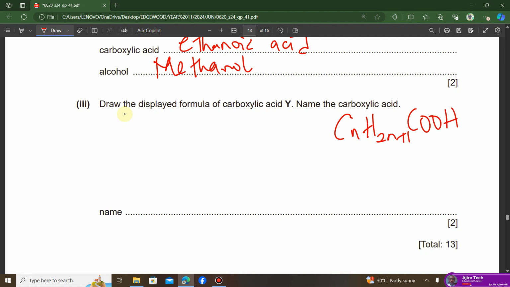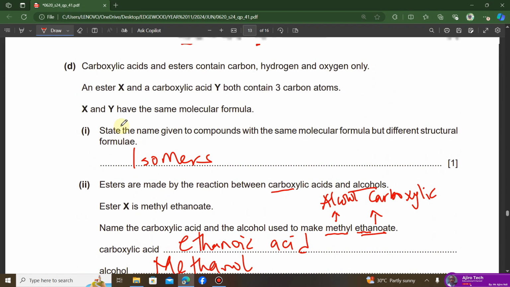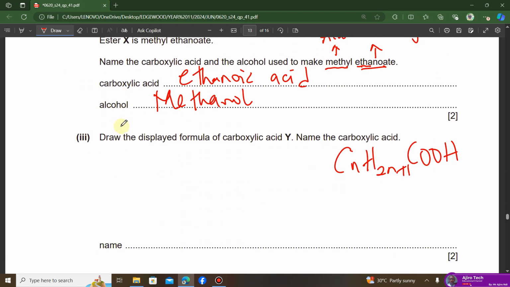And then we're already told that this contains 3 carbons, from what you've already been told here. You're told that ester X and the carboxylic acid Y both contain 3 carbon atoms.